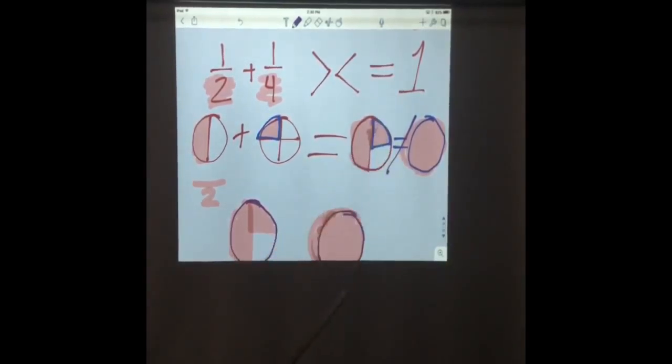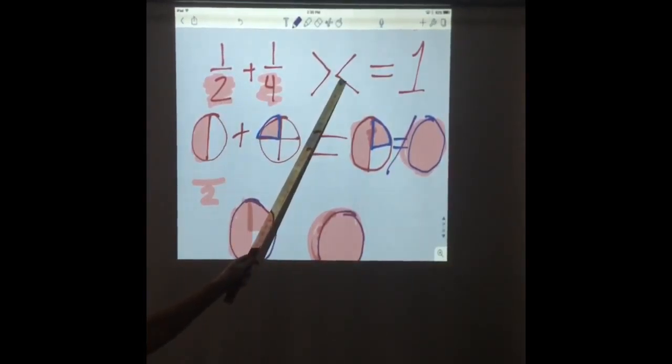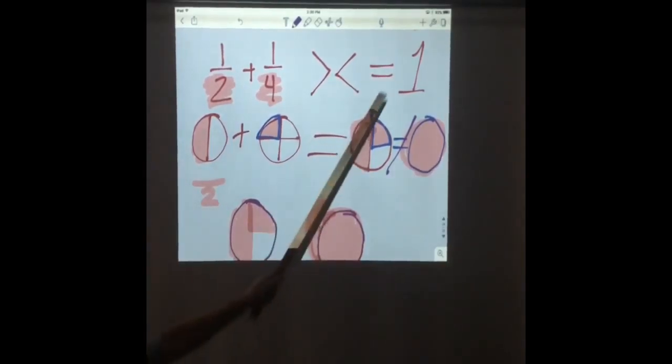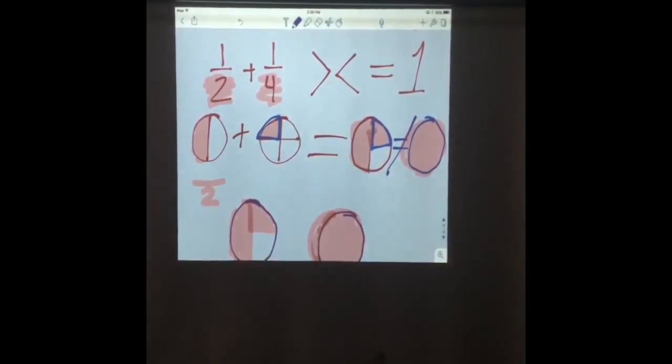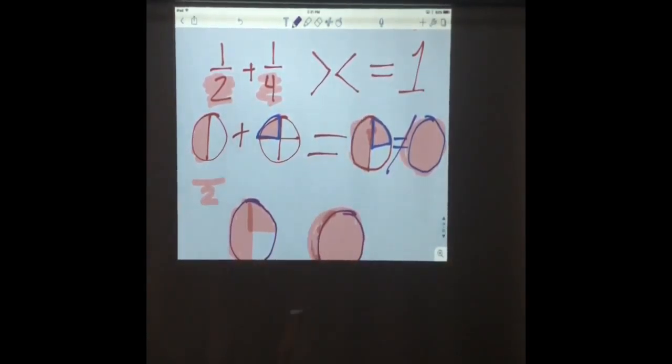That's this one. Now, is that greater than? Is this greater than that? Or is it less than that? Or is this equal to that? Which one do you think it is? Greater than, less than, or equal to? Which one?